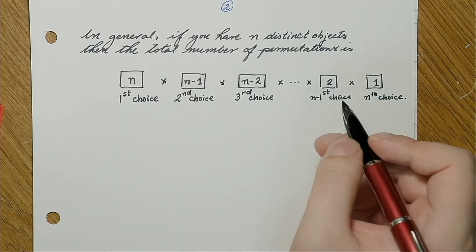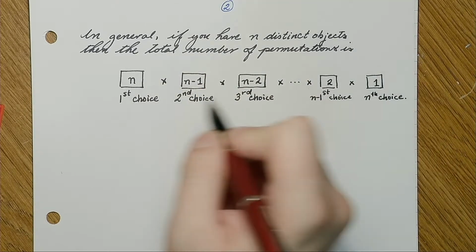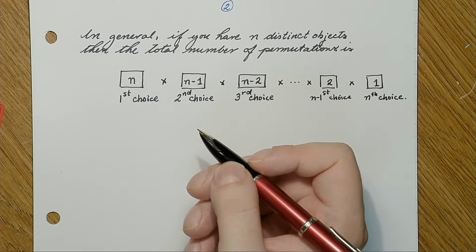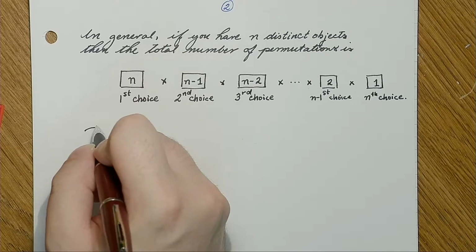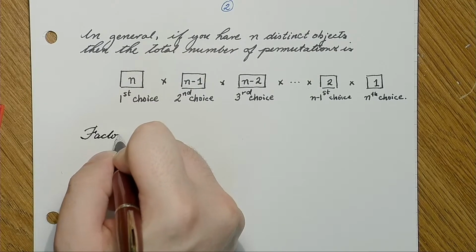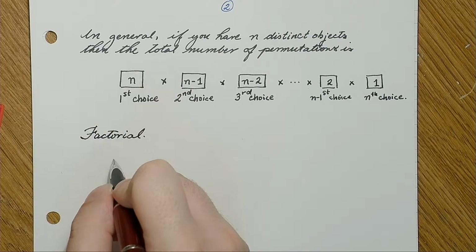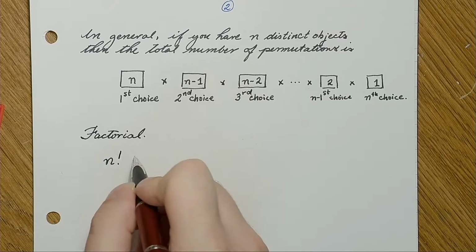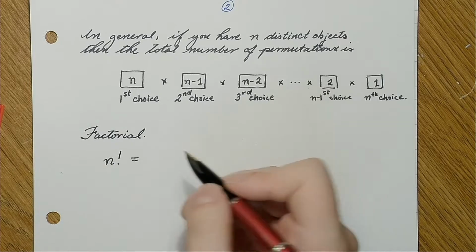Now, because we encounter these products, that's what I mean by this multiplication, it's a product. We encounter these so frequently that we have a notation that denotes this. And that's what we call a factorial. And we just write it as n exclamation point. Other typographical names are also called bang.